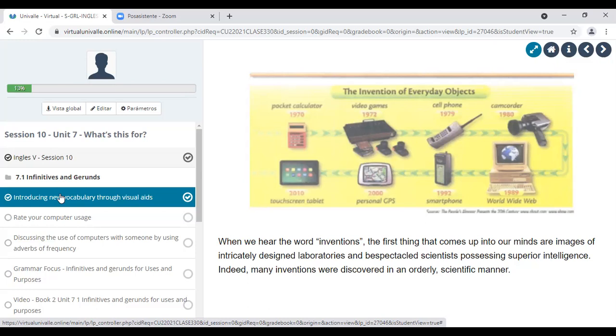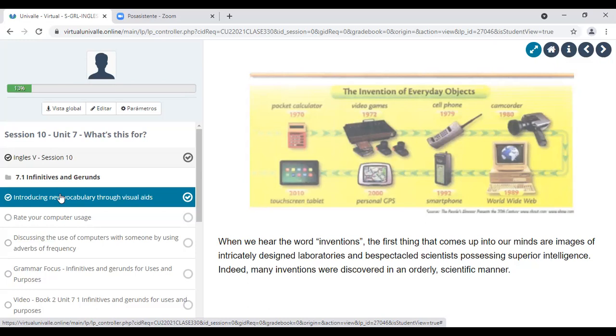Also, we have our main means of communication, and we are talking about the cell phone that was made in 1979. Also, we have the touchscreen tablet in 2010, personal GPS smartphone in 1992, and the World Wide Web that was released in 1989.